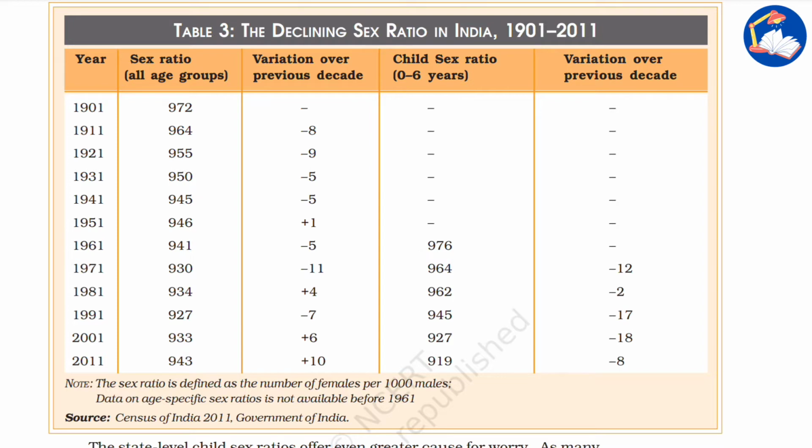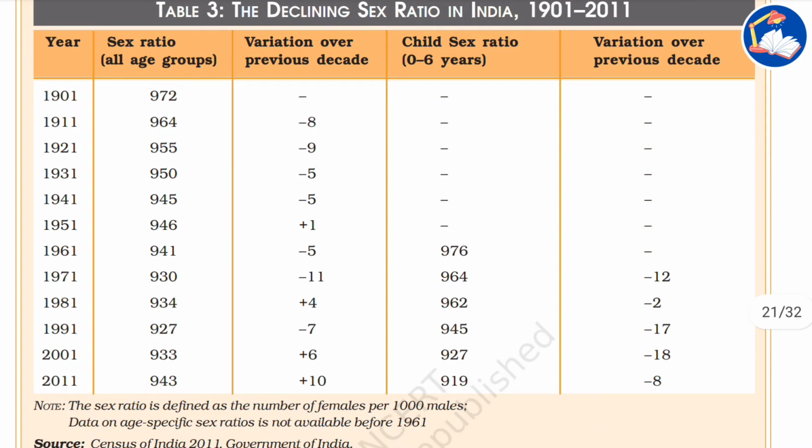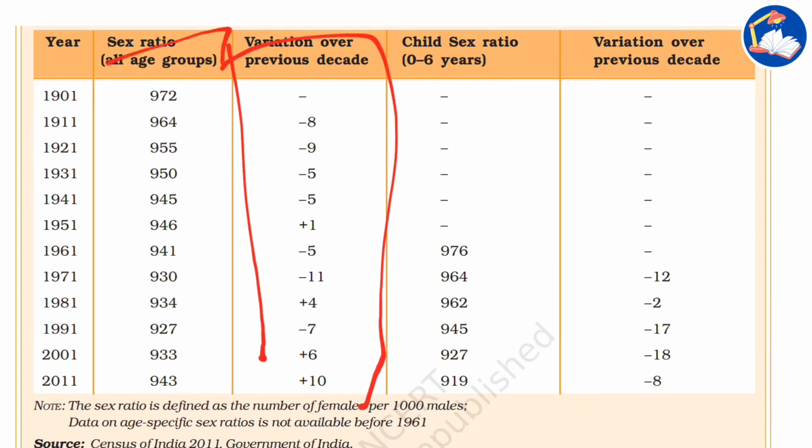What we are seeing over here is the sex ratio for the adult population, that is, for all age groups. In 1901 it was 972. From there has been a decline.